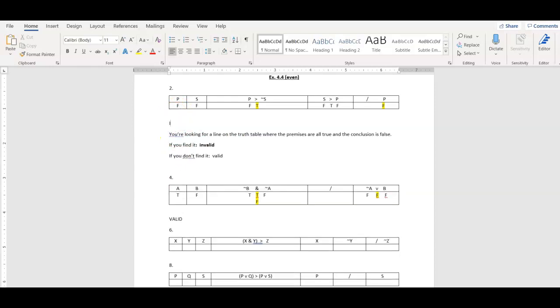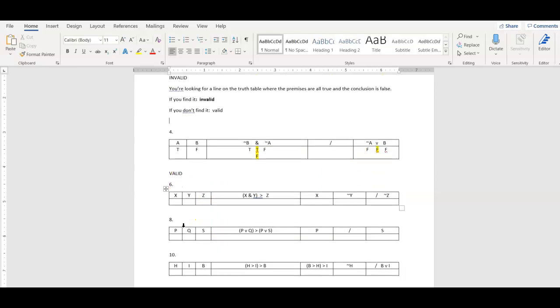All right, 2 is invalid because we did find values that make the premises all come out true and the conclusion come out false. But here, that's impossible. Why? Because the values that make the conclusion come out false also make the premise come out false. So there's no way for the premise to be true and the conclusion to be false. That tells us it's a valid argument.